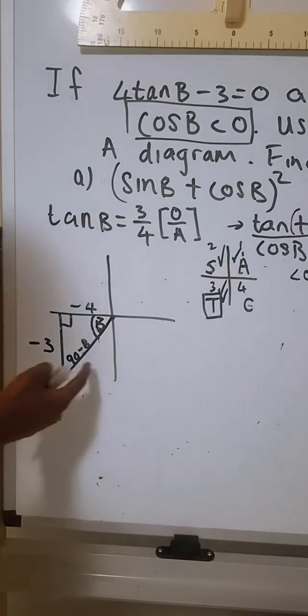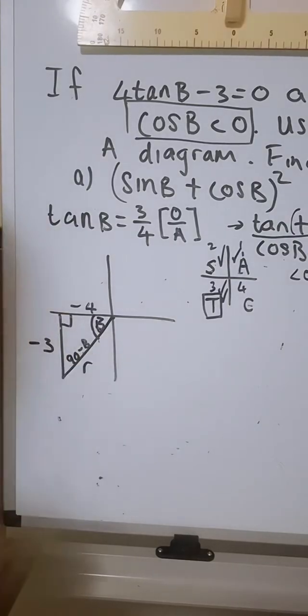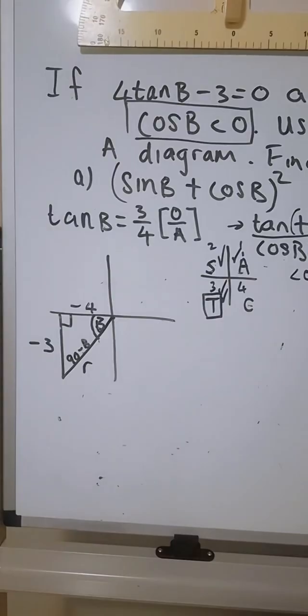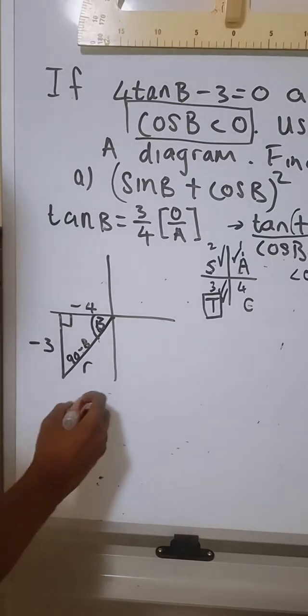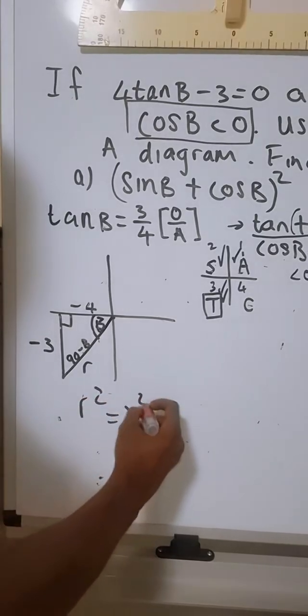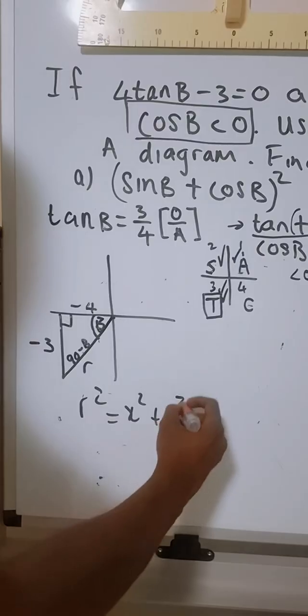Then we need to find r. So we are going to use what to find r? As usual, to find the missing value of r, we use our friend, Mr. Pythagoras. So let's go ahead and use Mr. Pythagoras. r squared is equal to x squared plus y squared.